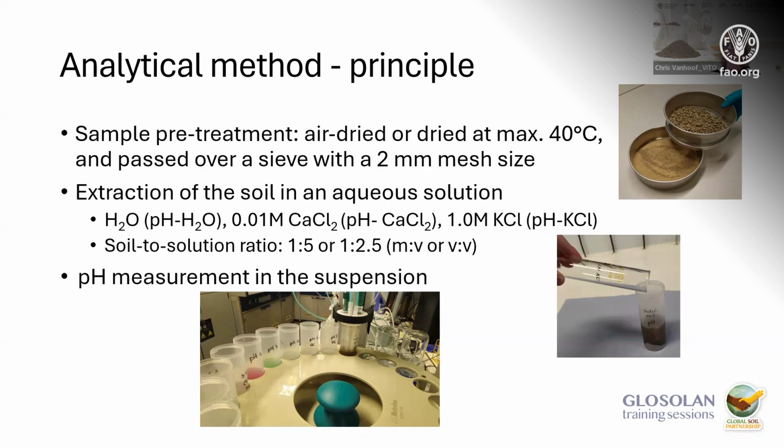You can use water, indicated as the pH water, or you can use 0.01 molar calcium chloride, or you can use 1 molar potassium chloride. These three methods are often described in the different procedures that we have available. The soil to solution ratio also differs, between 1:5 and 1:2.5, and sometimes they use a mass to volume ratio, otherwise a volume to volume ratio. Those are the differences that we observe between the different methods. And of course, subsequently, the pH is measured in the suspension.